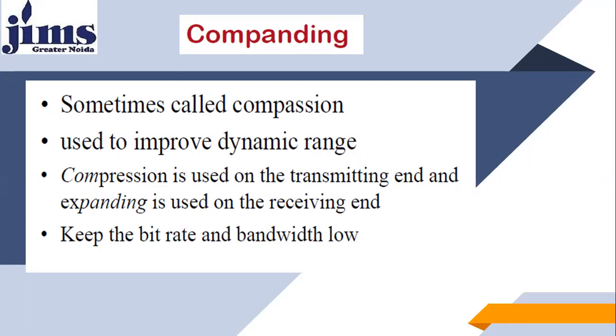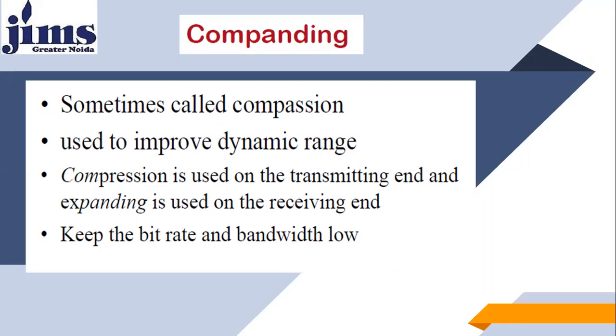And what are the benefits of companding? The main benefit of companding is that it keeps the bit rate and bandwidth low. Not only that, uniformity is also maintained by doing this companding process. Means all the voltage levels have the same percentage of error, right?